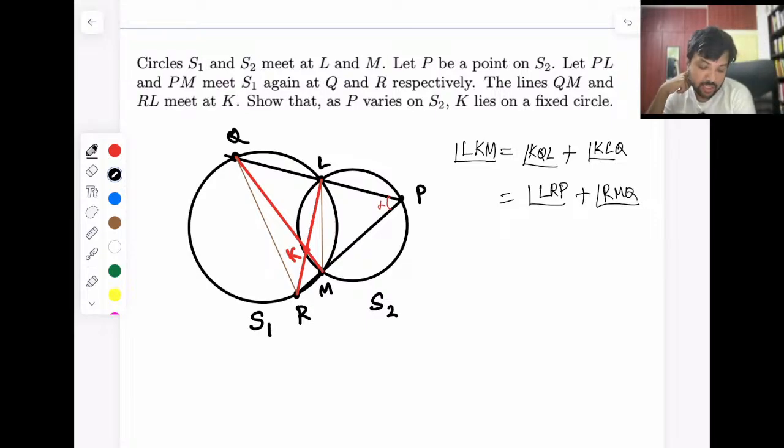LRP and RMQ. LRP and RM. No, not useful. So I don't know. What do we do here? RMQ is LMR minus LMQ.